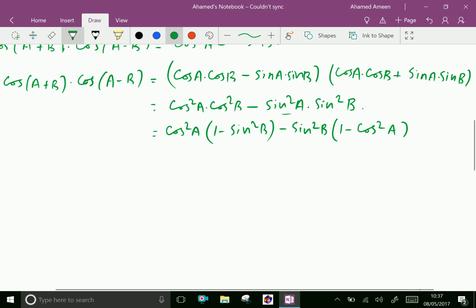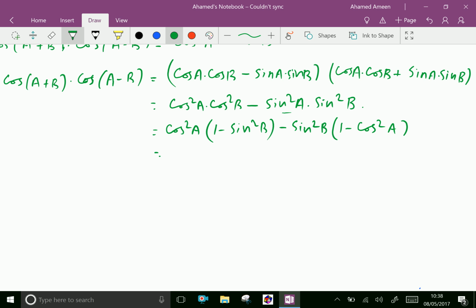Now opening the bracket, cos squared a into 1 is cos squared a minus cos squared a into sin squared b minus sin squared b into 1 is minus sin squared b minus sin squared b into minus cos squared a is plus sin squared b into cos squared a.